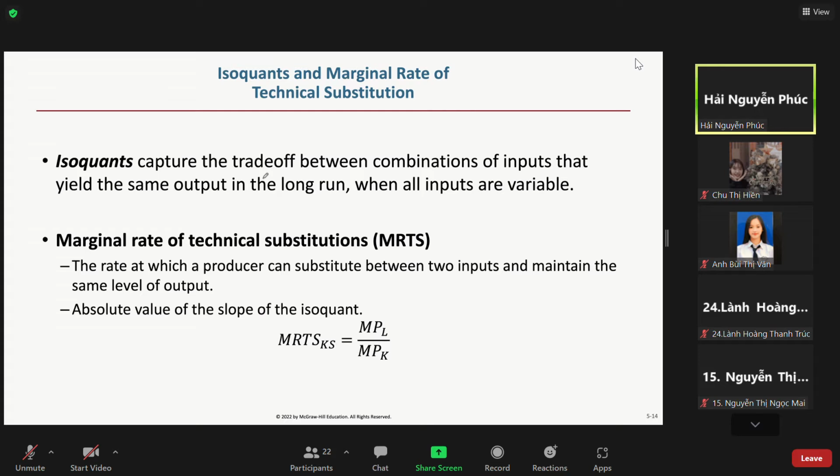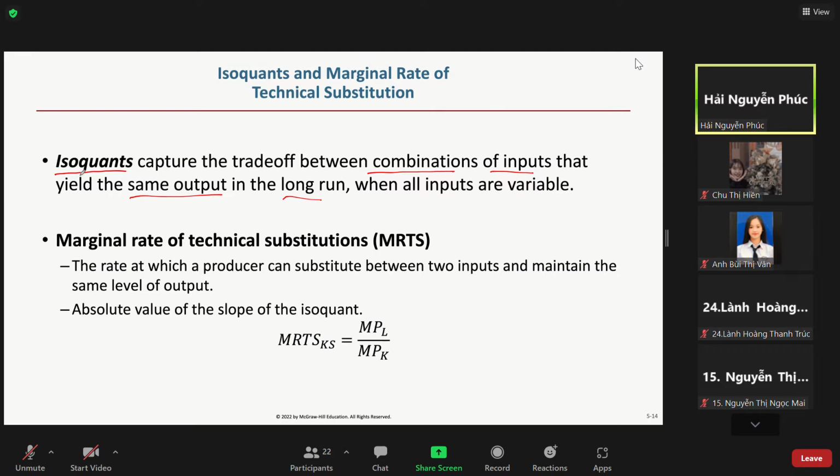First of all, here we have a concept. It is called the isoquant. Isoquant. It is a combination of inputs that yield the same level of output in the long run when all the inputs are variable. Right.